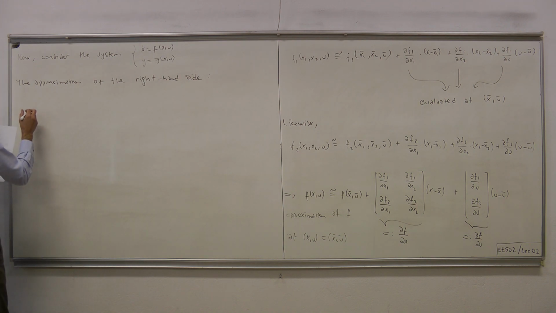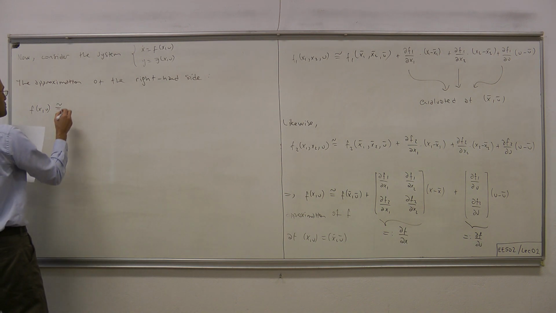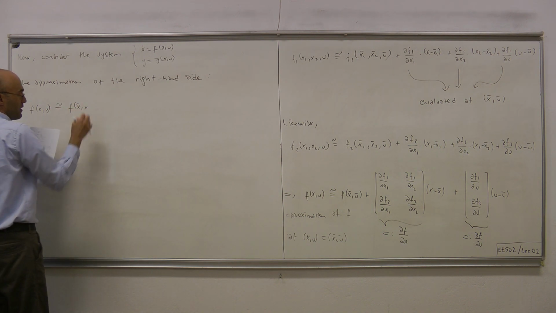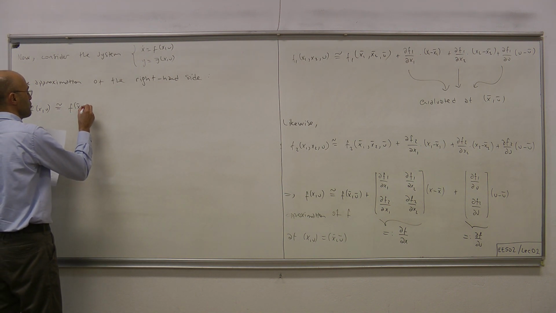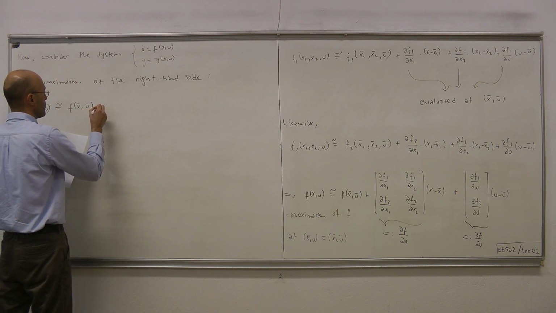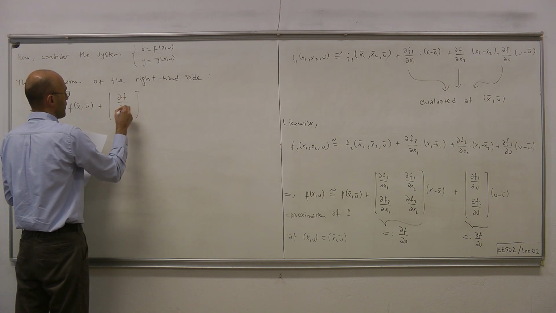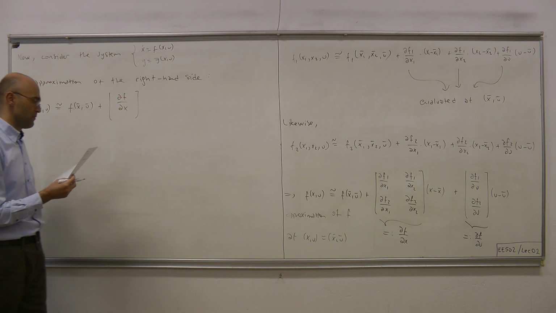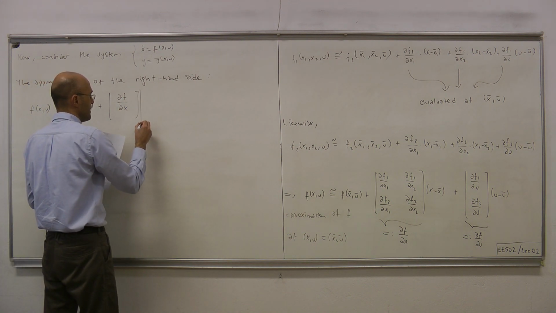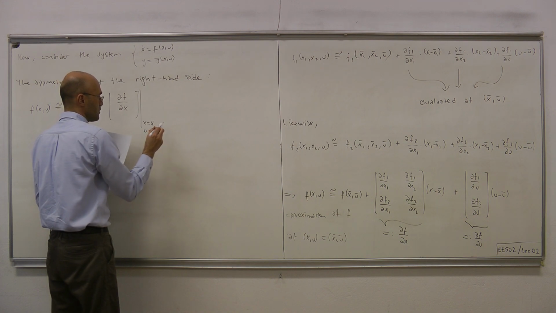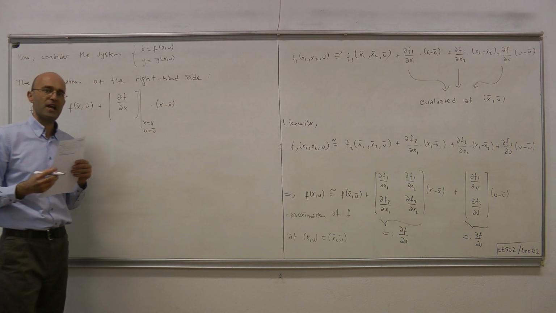are as follows. We have f of x, u approximately equals the value of f evaluated at the point of interest, which we're calling x bar, u bar, plus this square matrix, partial of f with respect to x, evaluated at x equals x bar and u equals u bar, times this difference, x minus x bar.